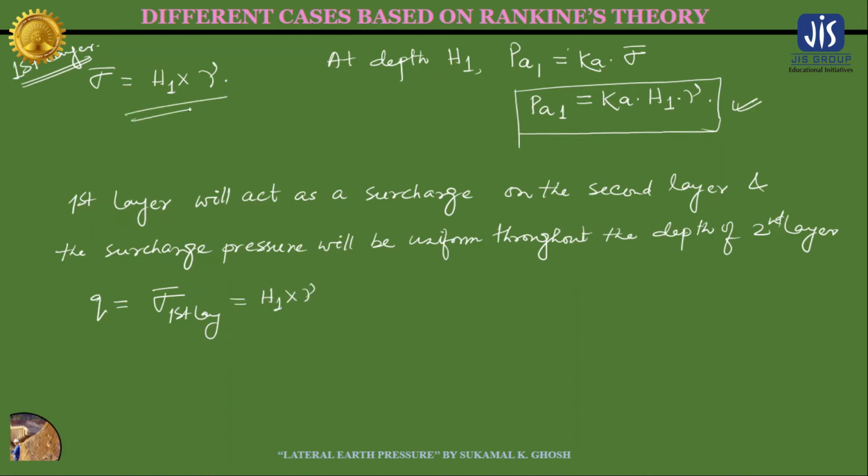So the active earth pressure for the second layer, which is PA2, will be Ka into the effective stress of the first layer. So it will be equal to Ka into H1 into gamma. This is PA2.